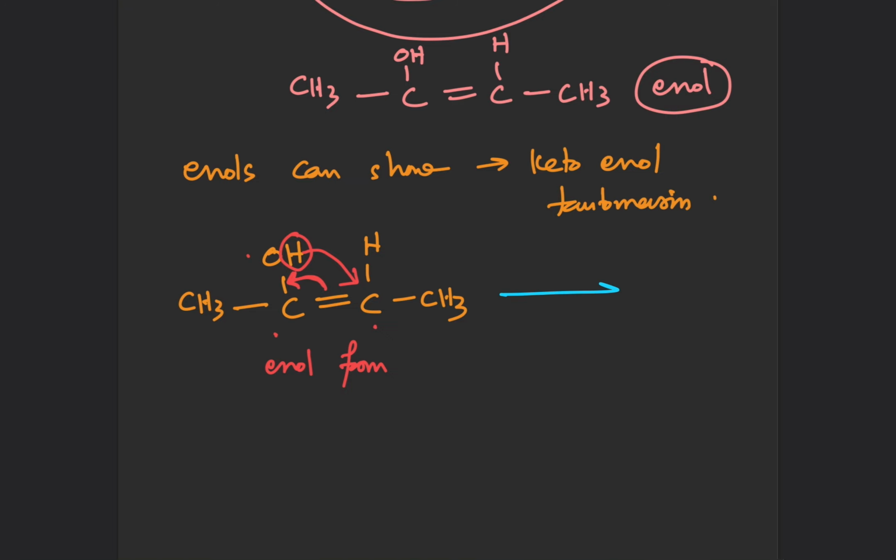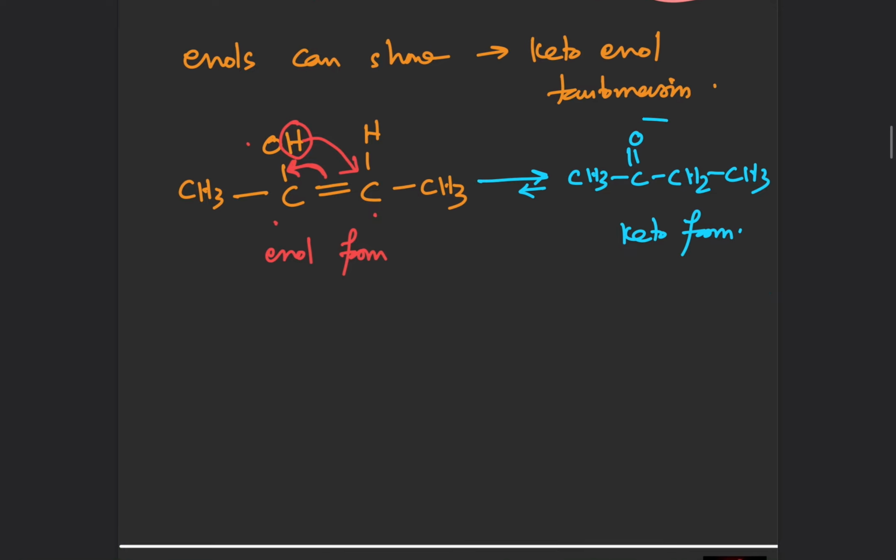The keto form will be CH3 C double bond O CH2 CH3. So this is the keto form. Okay, so for more details regarding keto-enol tautomerism, you can refer to the link in the description. Okay, so this guy is our D.